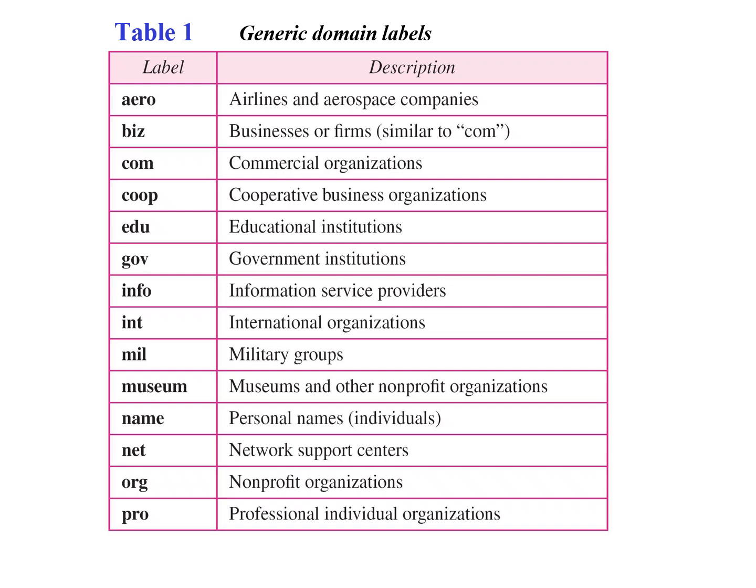Info means information service provider. Int means international organization. Mil is military. Then we have museum, name, net, and org; org is a non-profit organization. Then we have pro, which means a professional individual organization. These are some of the various labels that come under the generic domain.